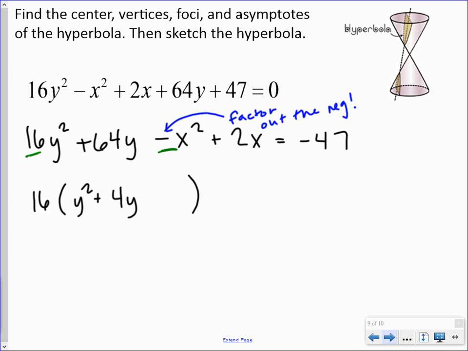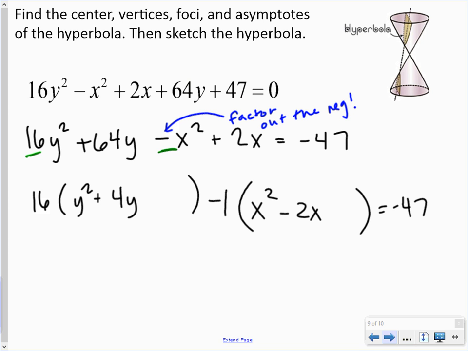So I'm going to bring out the negative 1, and that leaves me with a positive x squared and a negative 2x. That makes a big difference in your final equation for what your x minus h looks like. Is it minus or plus? If you forget to take out the negative from the second term, then you'll have your hyperbola in the wrong spot. Okay. So go ahead and complete the square for each.